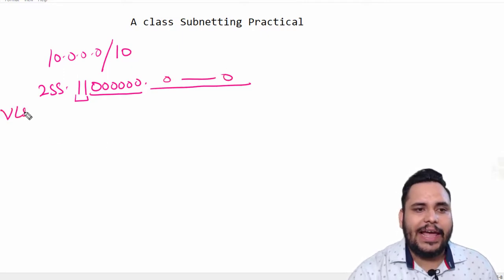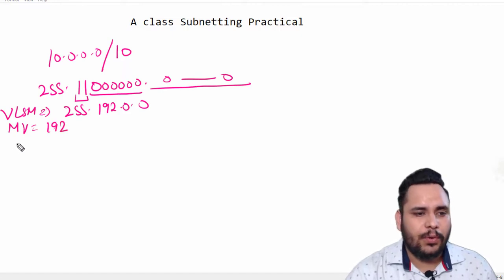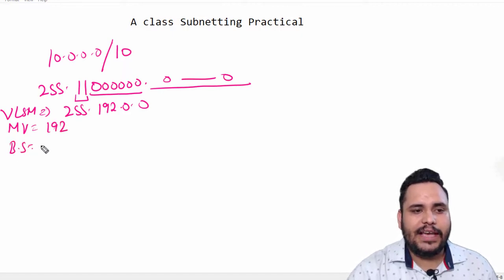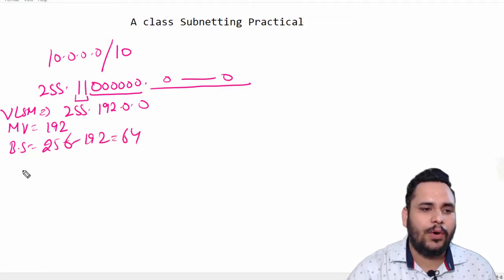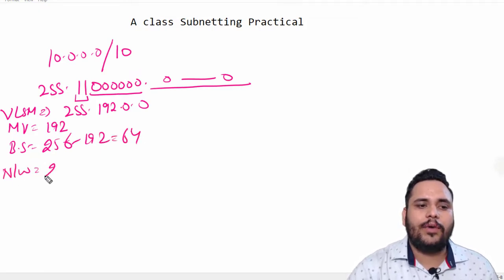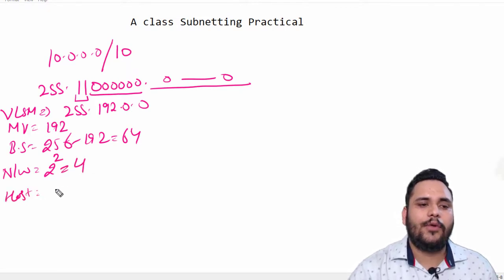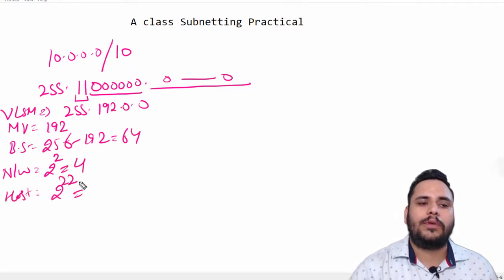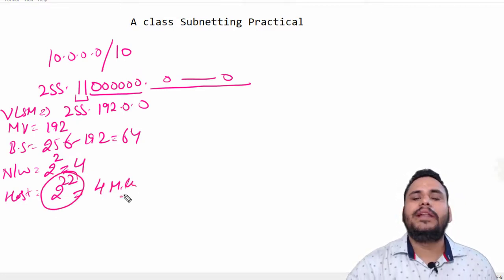So VLSM for this is 255.192.0.0. Magic value is 192 and block size is 256 minus 192, 64. Number of networks is 4 because 2 bits are on, and the number of hosts is 2 raised to power 22, approximately 4 million.